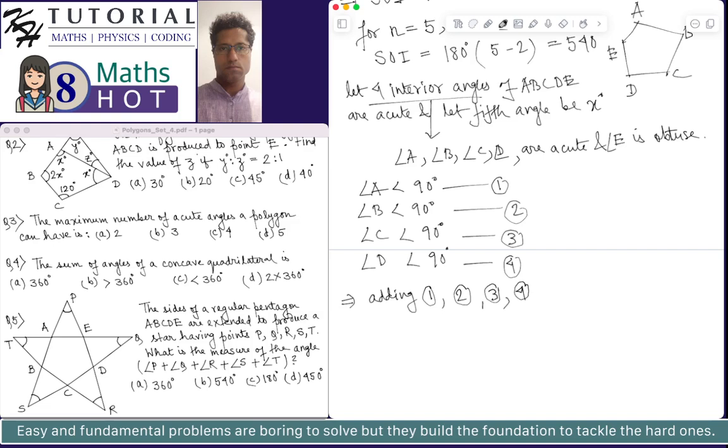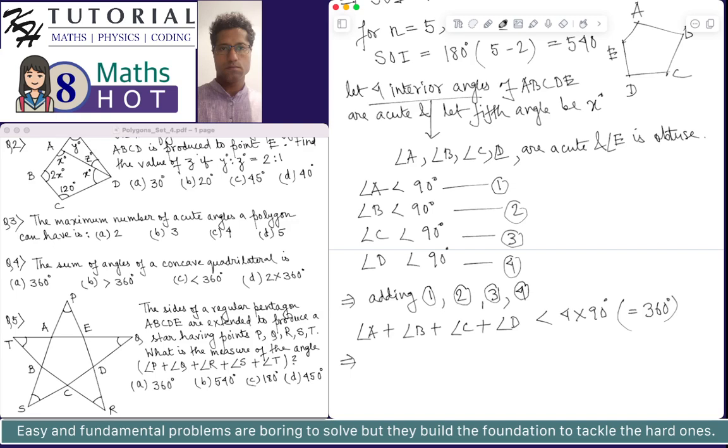So angle A plus angle B plus angle C plus angle D is less than 4 into 90 degrees, because all the RHS are 90 degrees. 4 into 90 degrees is 360 degrees. So angle A plus angle B plus angle C plus angle D is less than 360 degrees.